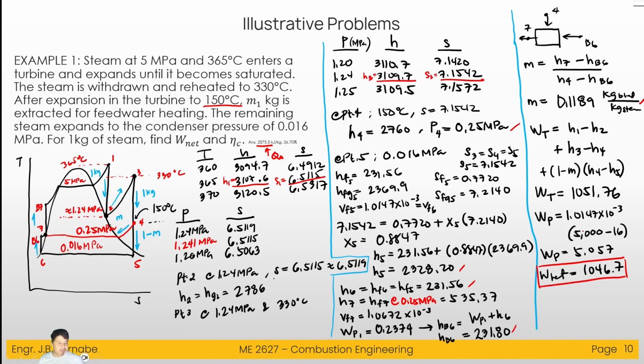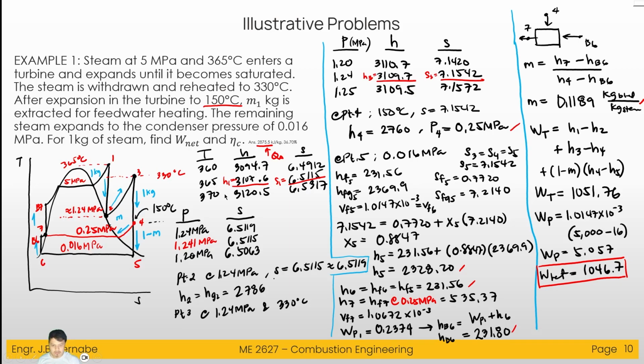All right. To find the cycle efficiency, you need to find the QA. So how do we find the QA? Based on this, you have the heating portions from the boiler, so B7 to 1 and 2 to 3. The reheating is 2 to 3.